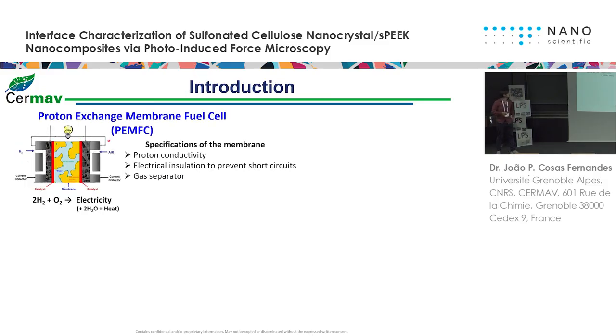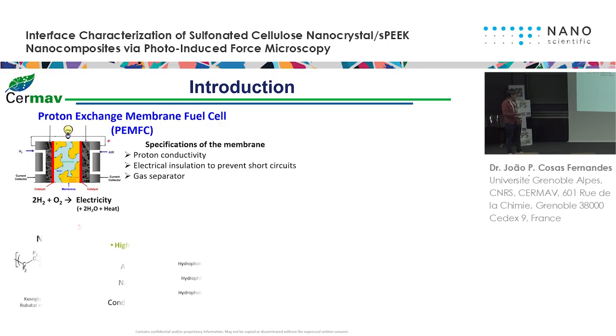We are interested in proton exchange membranes for fuel cells, which is a device that transforms hydrogen and oxygen into electricity in a kind of green way. In the middle of this device, we have a membrane that is responsible for the proton conductivity between the electrodes, but also the gas separation between these two gases.